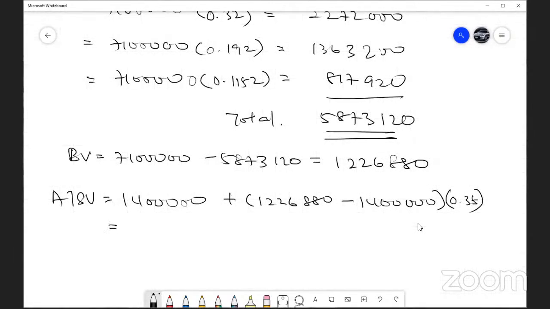So your after-tax salvage value that you get in the end is 1,339,408.